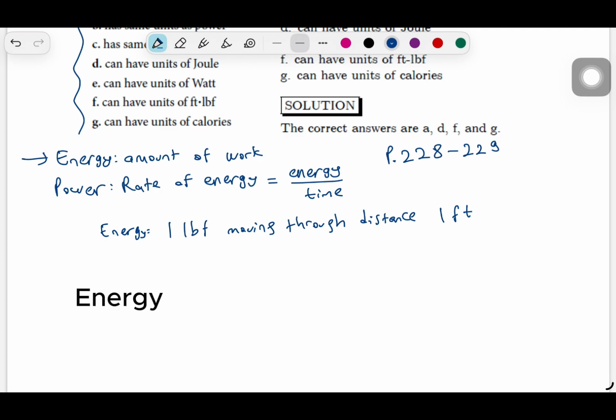Or a calorie is also defined as the approximate amount of energy required to increase the temperature of 1 gram of water by 1 Celsius degree. And there's a conversion between calorie and joule: 4.187 joule.